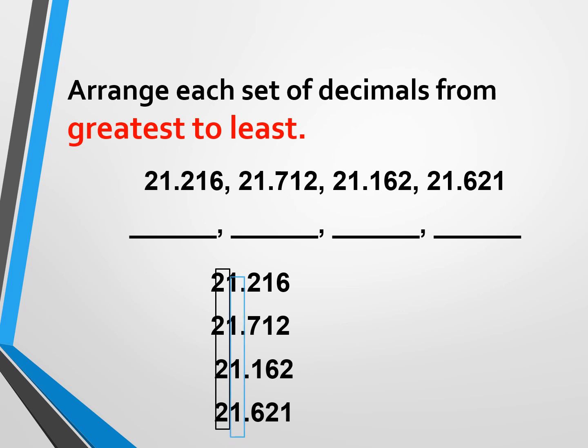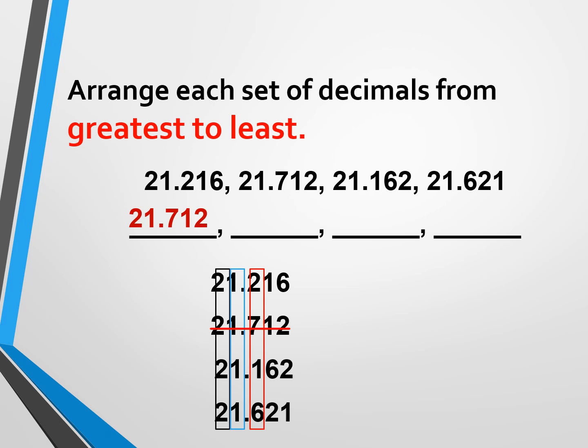The second digit or place value, they have also the same. So we'll proceed to the third place value, which is in the tenths. So we can see that they have different numbers. Since we are arranging the decimals from greatest, we'll look for the greatest number or highest number, which is 7. So meaning 21 and 712 thousandths is the greatest number among them.